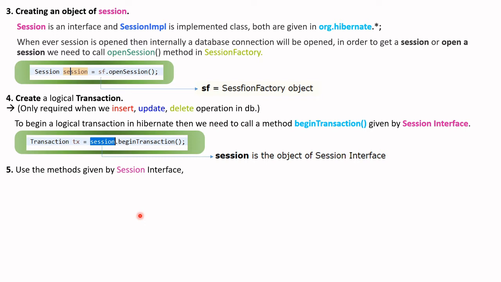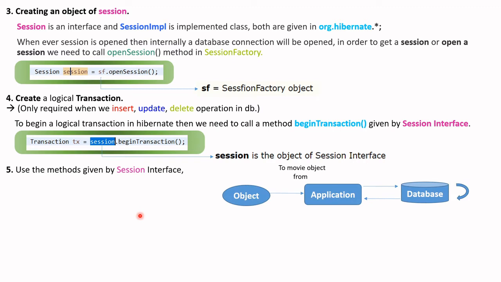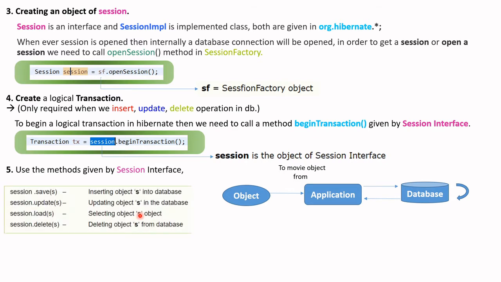To use the methods given by the Session interface to move the object from the application to the database and from the database to the application, we need to call session.save, or if you are performing an update, you write session.update, or if you want to select, you just call the corresponding method.